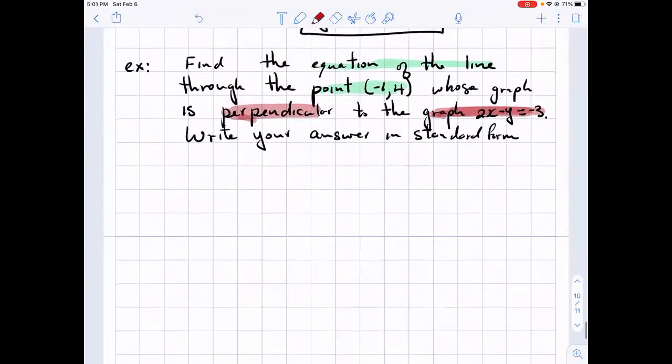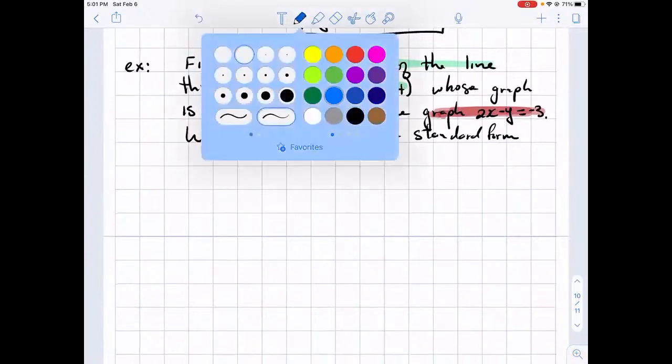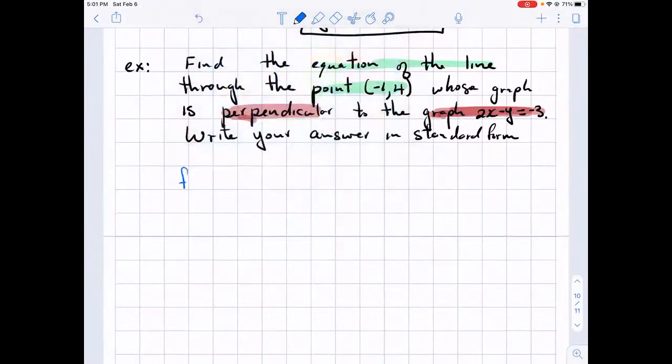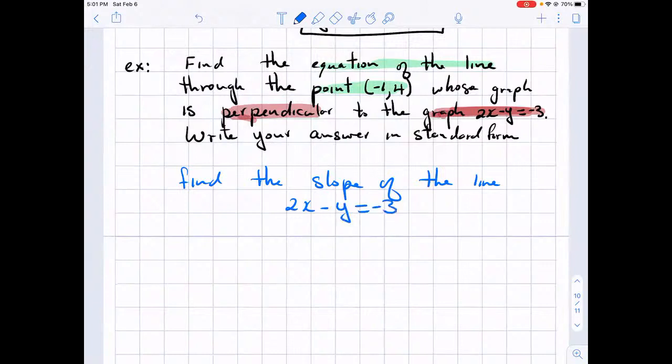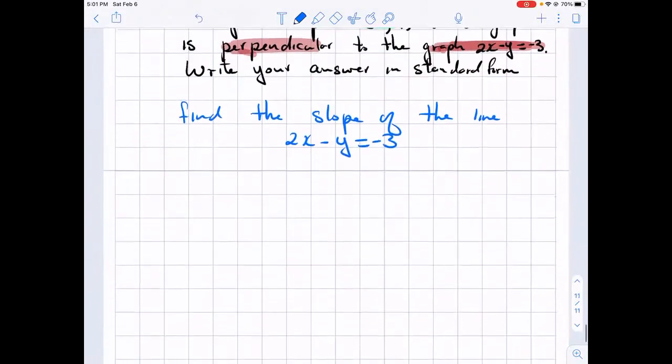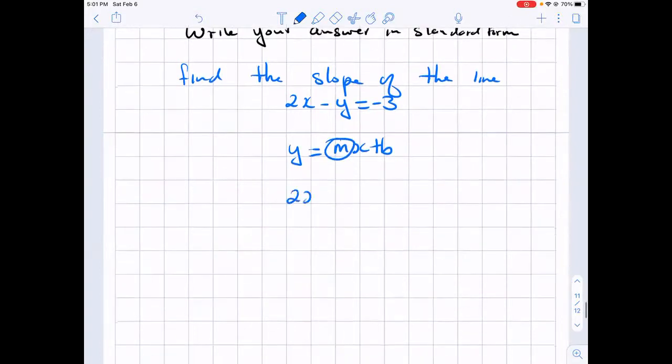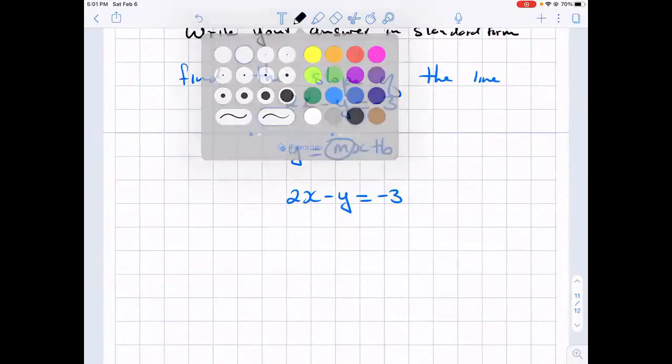So the first thing we should do is find the slope of the line 2x minus y equals negative 3. Okay? And we know if we write it in the form y equals mx plus b, this here is the slope.